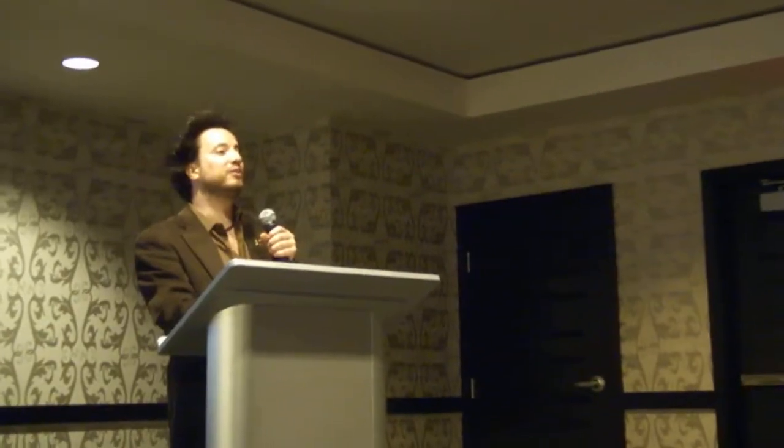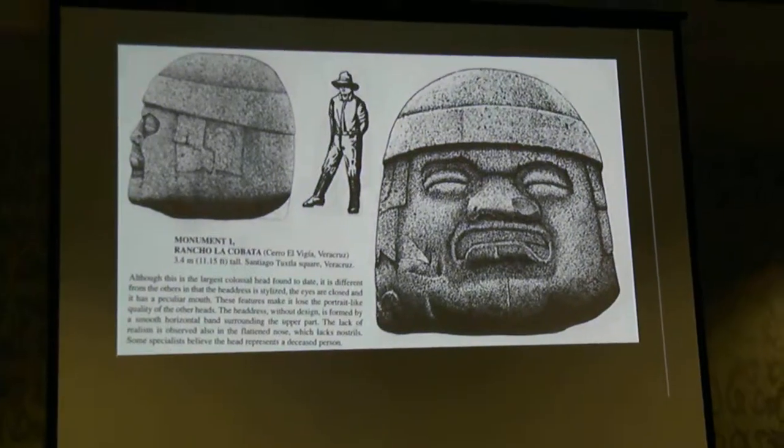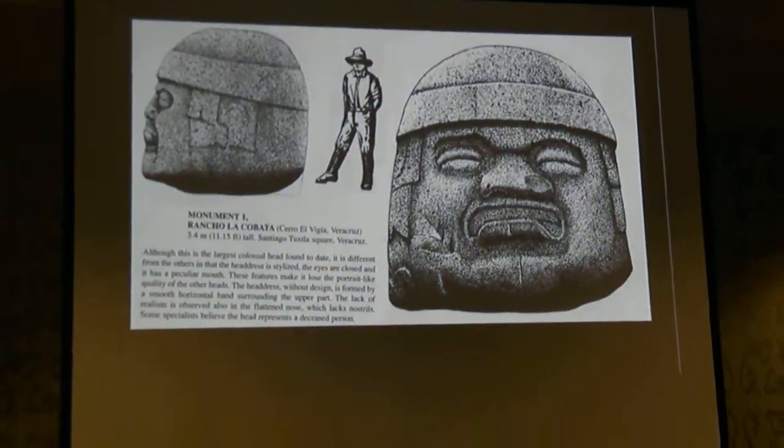Mystery solved. Now, there are a few archaeologists who actually agree that the Olmecs were Africans, because, like I said, not to point out the elephant in the room, but it's pretty obvious. What makes more sense?